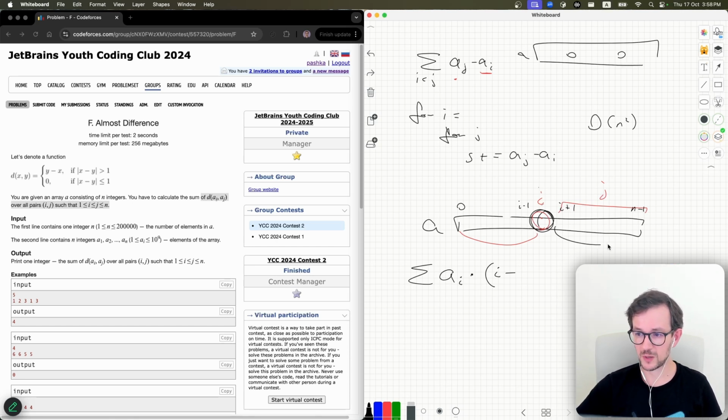So the amount of elements after will be n minus i minus 1. You can rewrite this as 2i minus n plus 1. So this is the contribution of my element to the final sum.